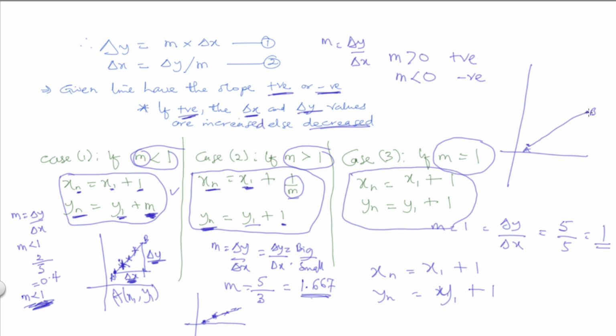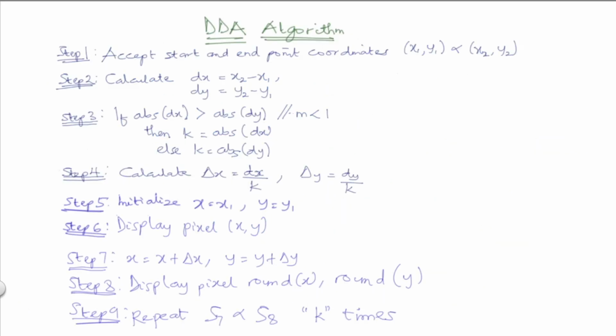So we should be able to use this algorithm to come out with these intermediate pixels or points. All right. So now let's go on to how the algorithm really works. Now this is how the DDA algorithm looks like. It starts from step 1 through to 9.